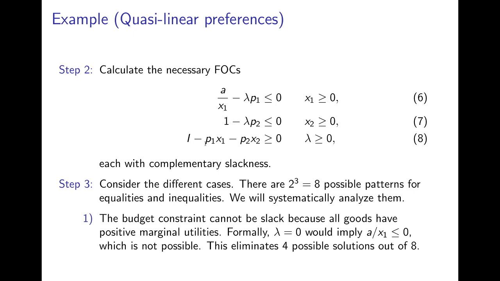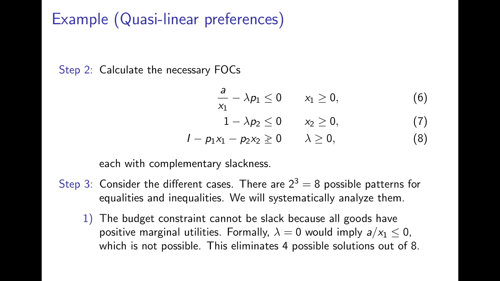And then finally we have the derivative of the Lagrangian with respect to the budget, to the Lagrange multiplier. This gives the budget constraint, and this has to hold either with a strict inequality or with an equality, but it cannot be smaller than 0 because then the person would overspend. And again, with complementary slackness, this condition holds with the Lagrange multiplier being non-negative.